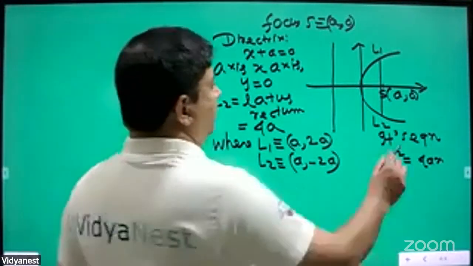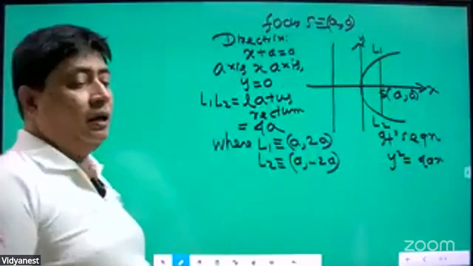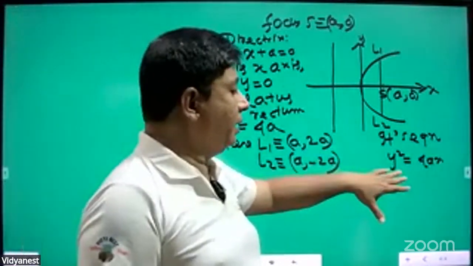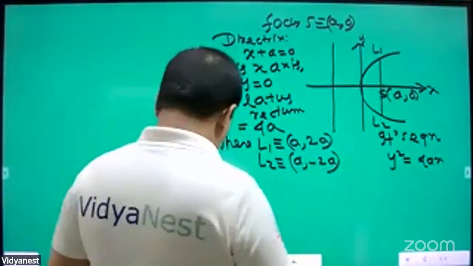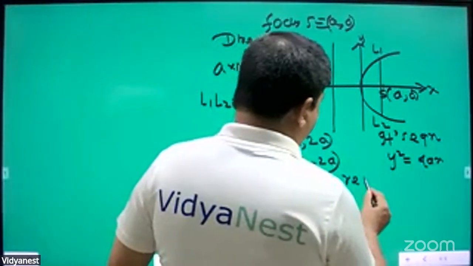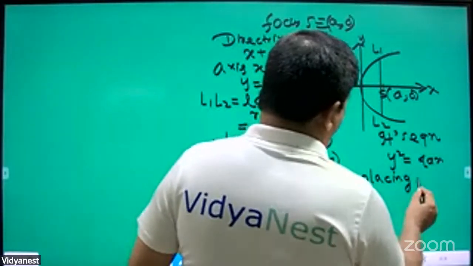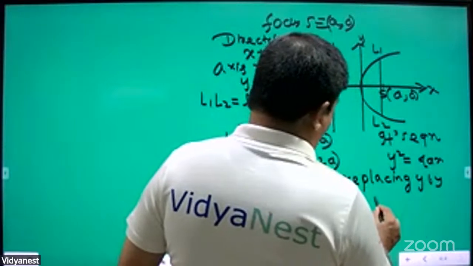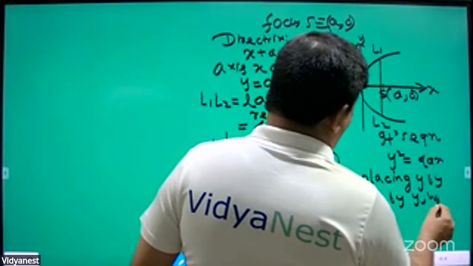Now let us do one thing, replace y by x and x by y. Replacing y by x and x by y, we get what?